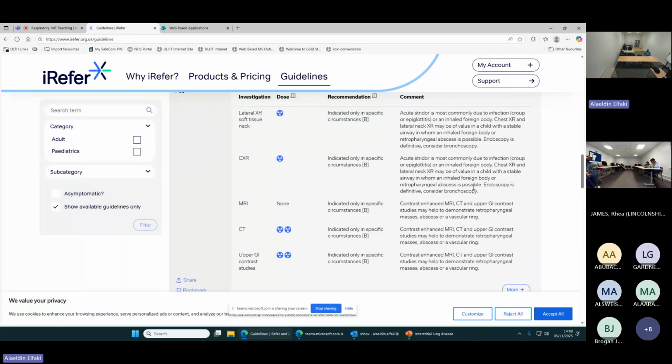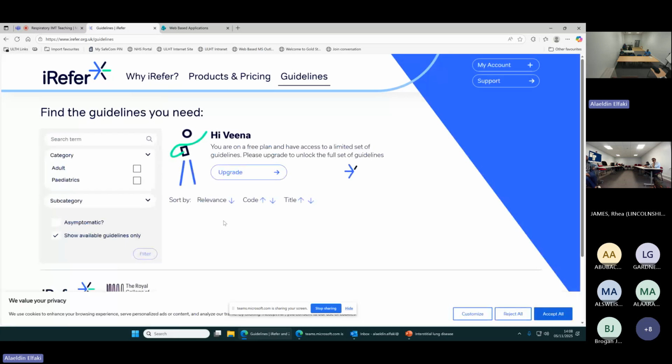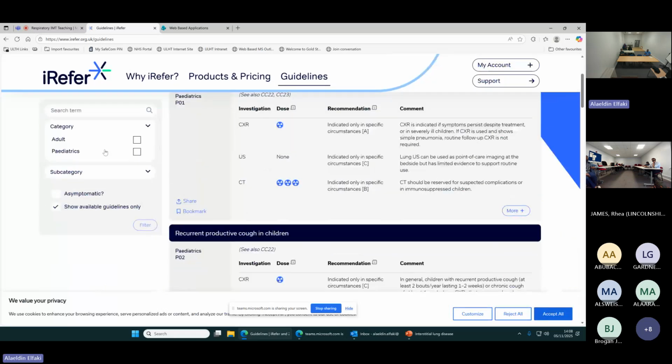No, but I think it's because I'm not asking it correctly. If you have a look at the guidelines, this is coming up. I think it has to load up. Initially, it was coming up for adults. Now it's changed. So filter, I guess.